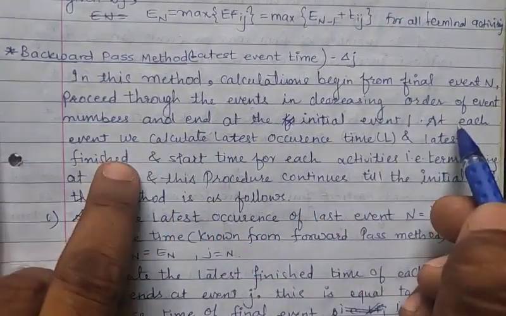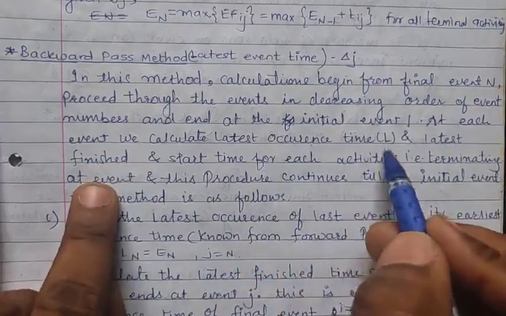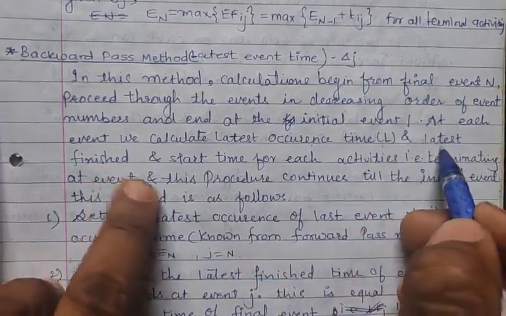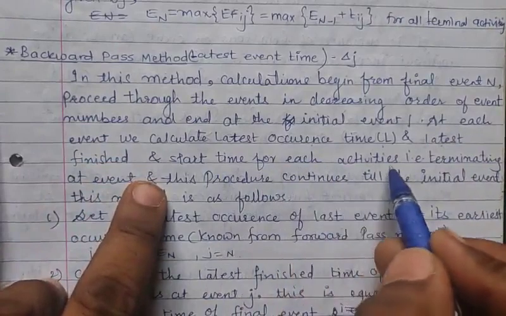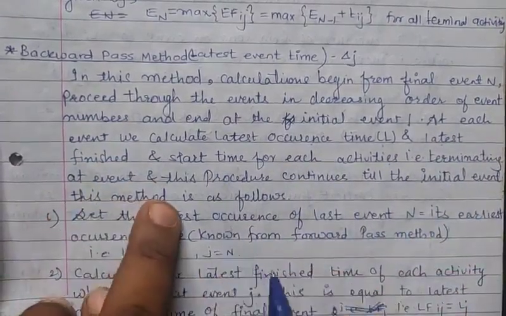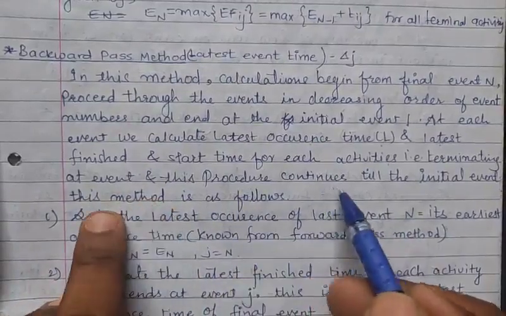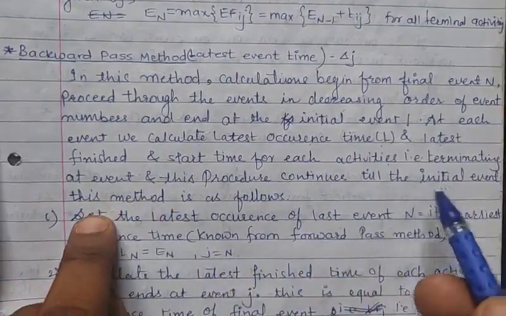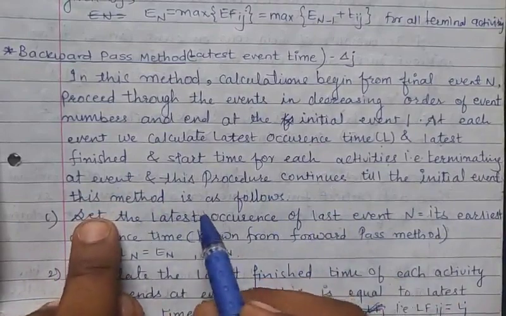At each event we calculate the latest occurrence time L and the latest finish and start time for each activity terminating at the event, and this procedure continues till the initial event. This method is as follows.